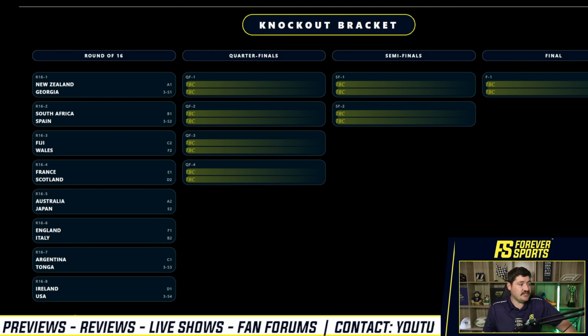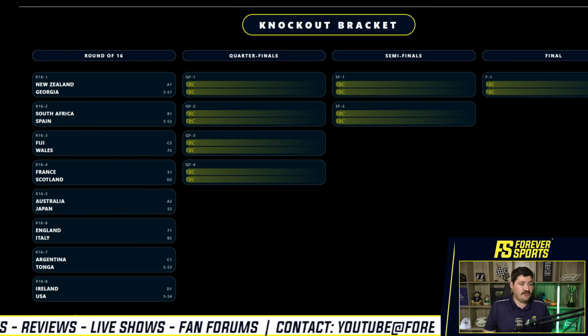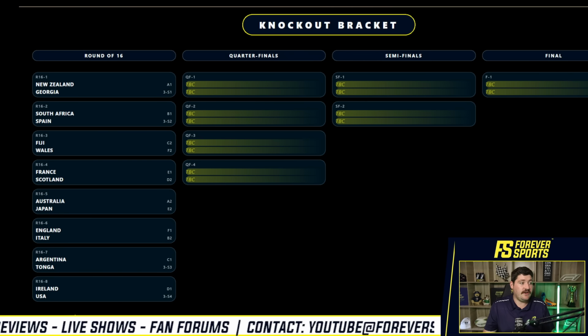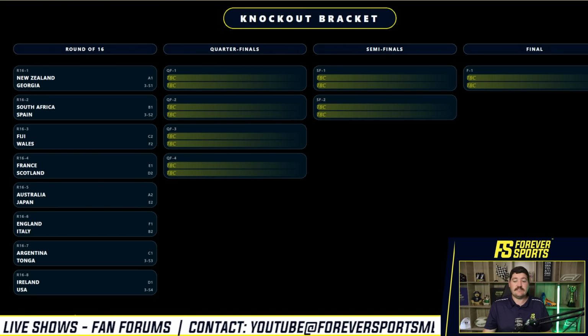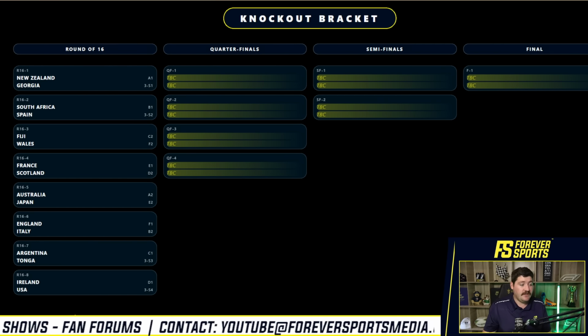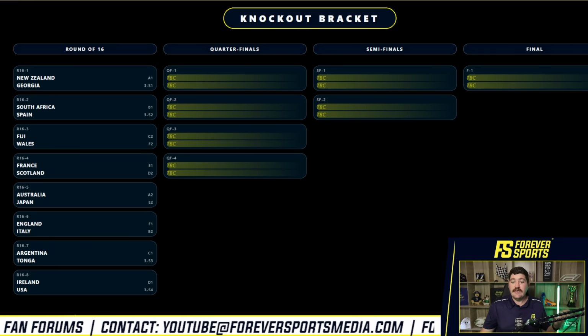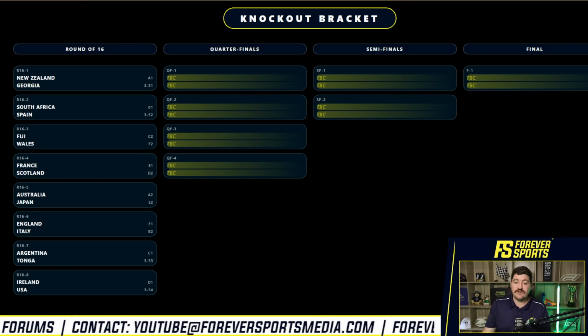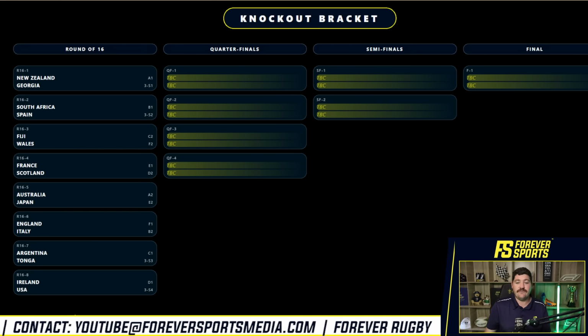From the round of 16 point of view, it is New Zealand versus Georgia based on the simulation that we have run. It is South Africa versus Spain. So it's a pretty straightforward game for us, as we kind of thought and we know. It's Fiji versus Wales, France versus Scotland, Australia versus Japan, England versus Italy, Argentina versus Tonga, Ireland versus USA.